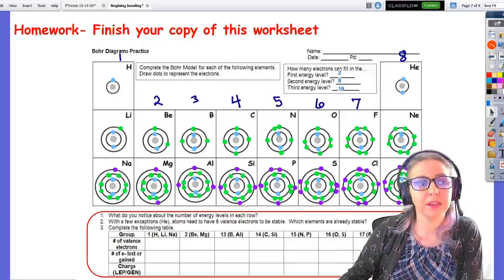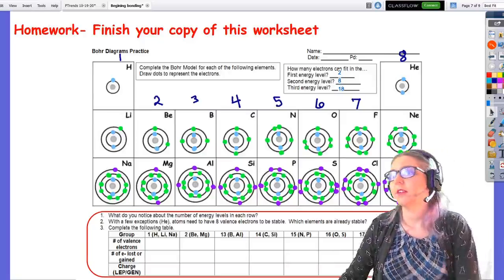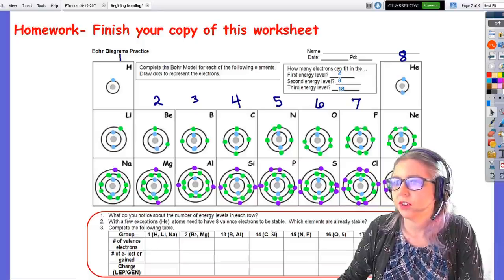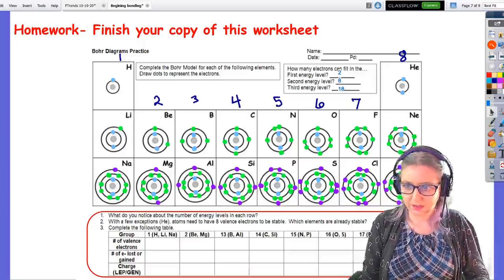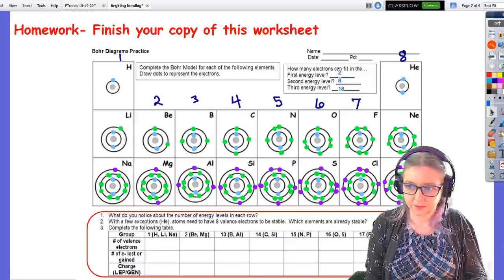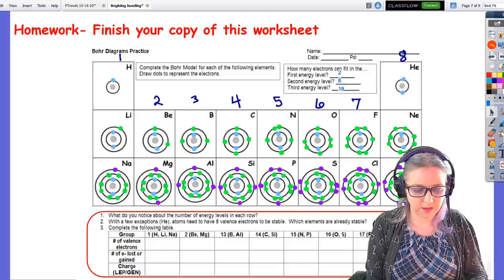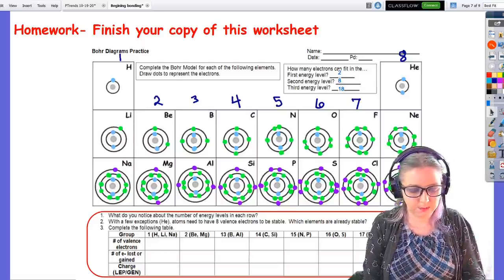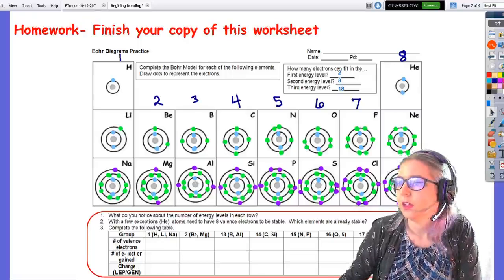Oh, you know what? I can put a link to the old assignment. Edit. For a new blank copy. And you should be able to find and download your old copy here.